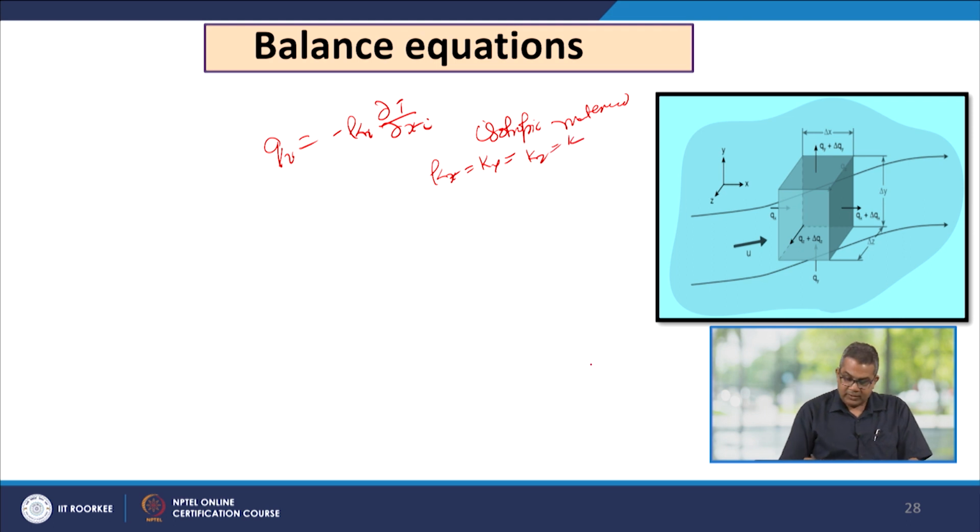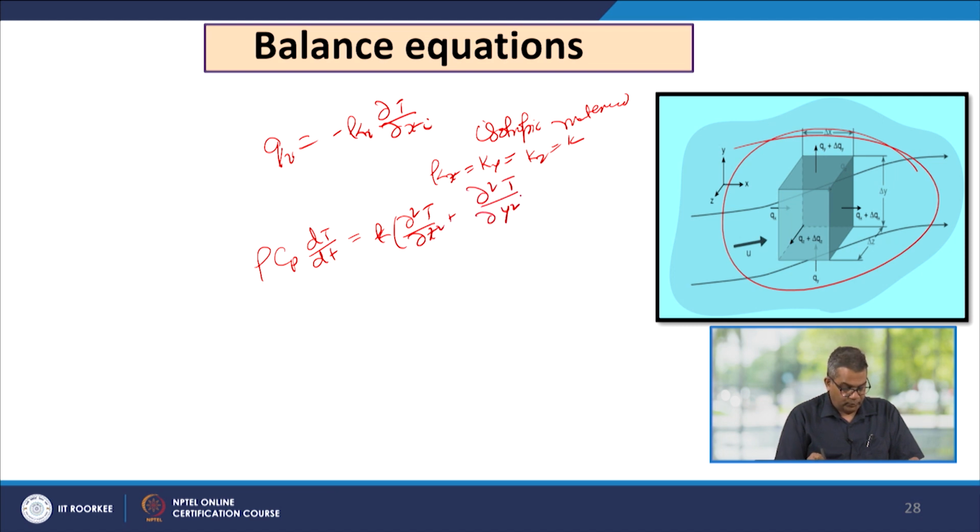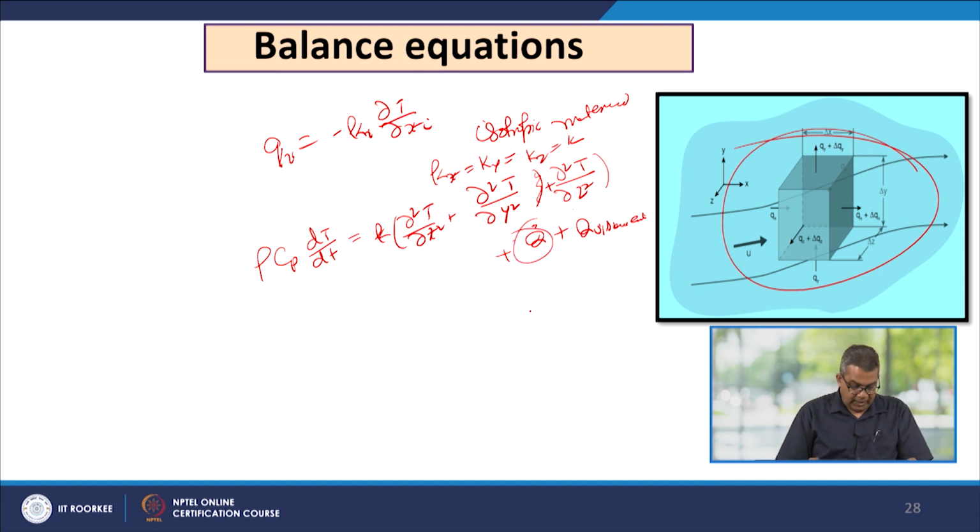An energy balance around the moving fluid element can be written as rho Cp dT over dt equal to K (del 2T over del x2 plus del 2T over del y2 plus del 2T over del z2) plus q dot plus q viscous heating, where an arbitrary heat source q dot and a viscous dissipation term were included.